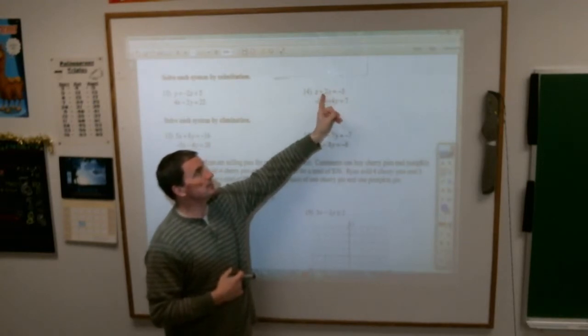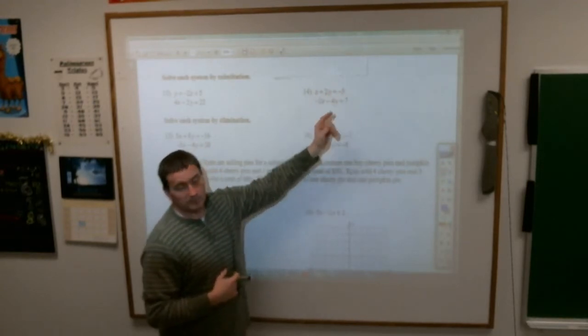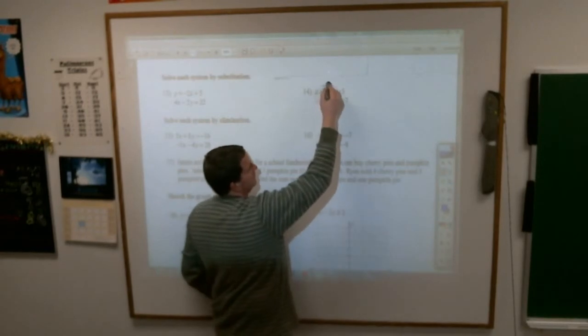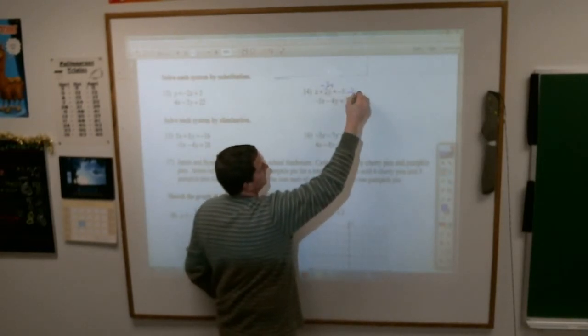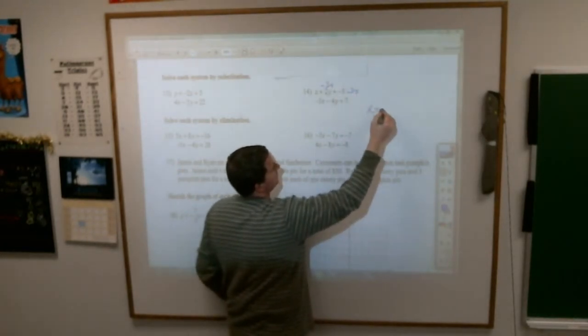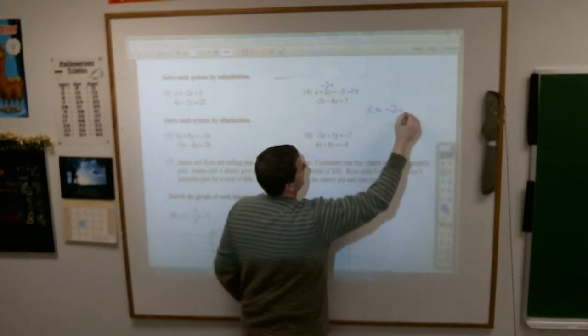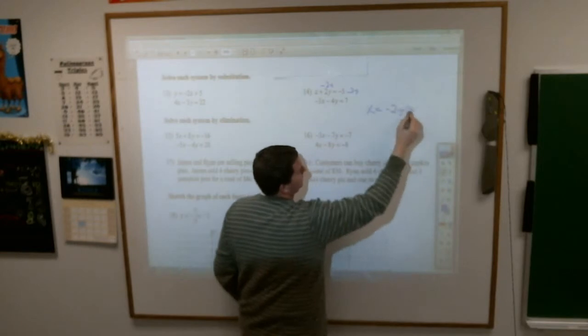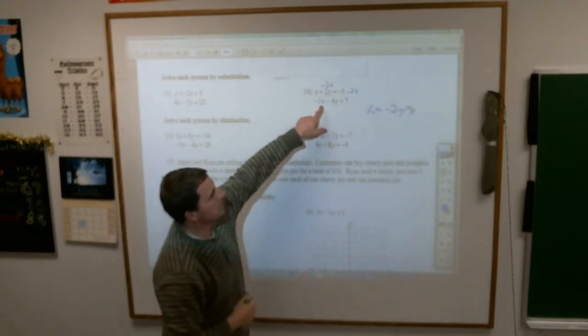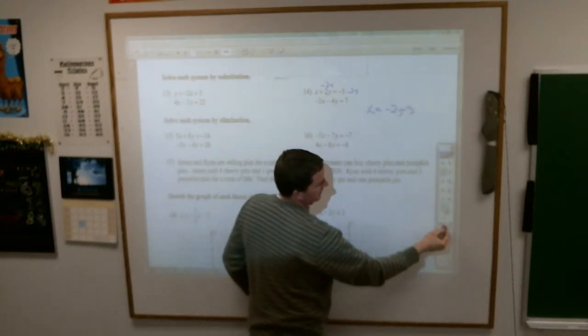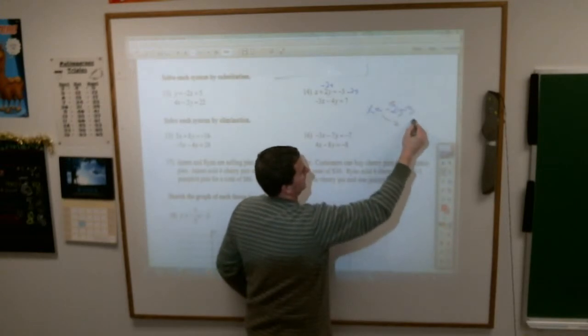Multiply. Subtract that over. So if you subtract 2y from both sides, you end up with x equals, it doesn't matter how you write it, negative 2y minus 5. Then you take that x, and you've got to be careful because you get a lot of negative signs in there.